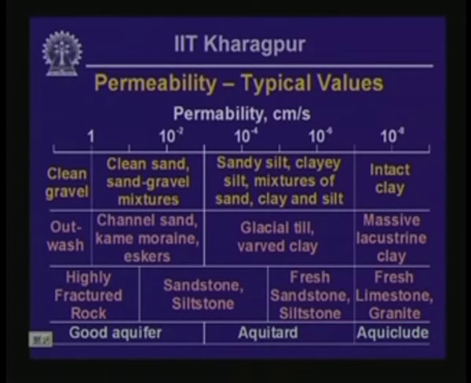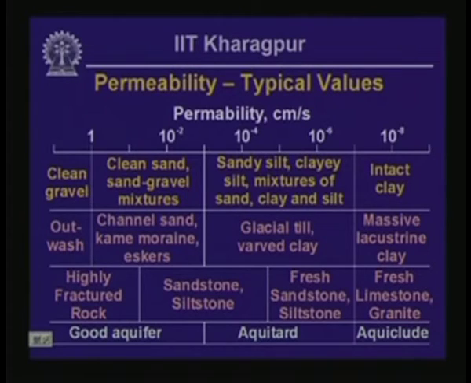Fresh, well compacted sandstone and siltstone have permeability on the order of 10 to the power minus 6 centimeter per second, whereas limestone and granite are the most impermeable of all. We are talking about fresh, compact, unjointed limestone, which might have permeability on the order of 10 to the power minus 8 centimeter per second.